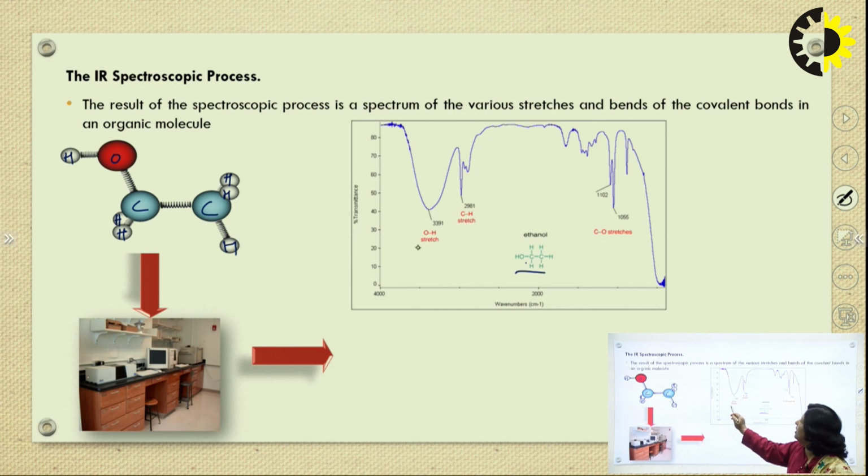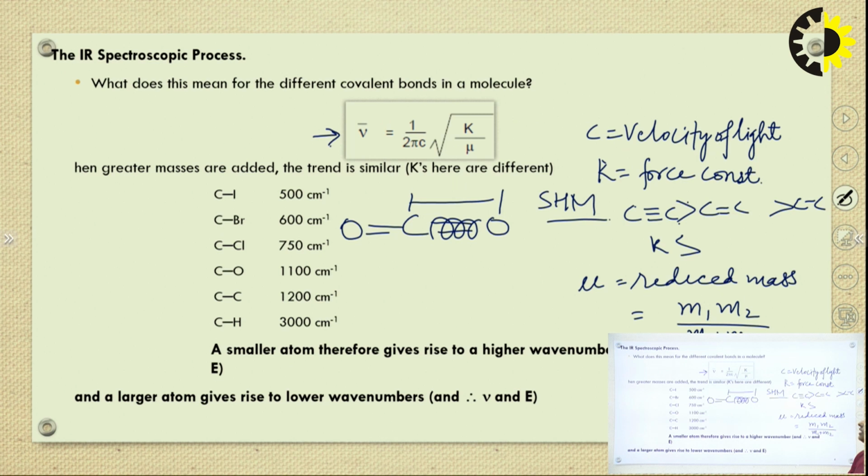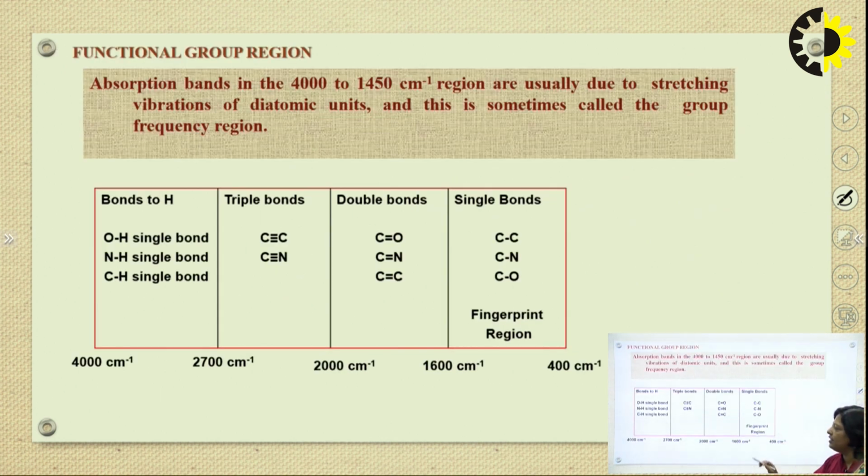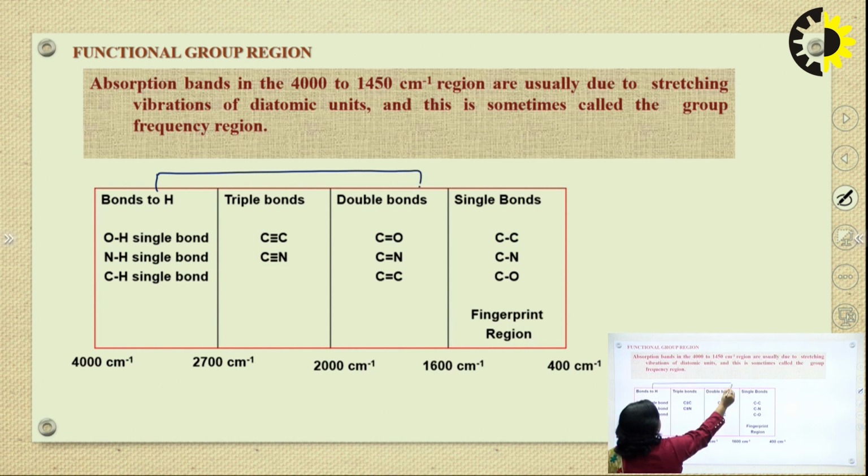So we get the O-H stretch at 3391, the C-H stretch at approximately 2981, and similarly the C-O stretch and others. Basically, we get these regions, and this part up to here is referred to as the functional group region.